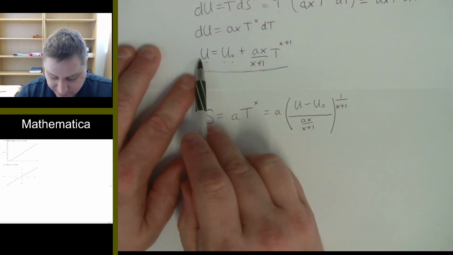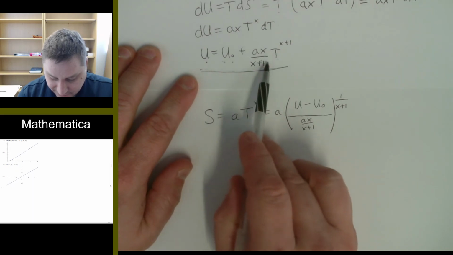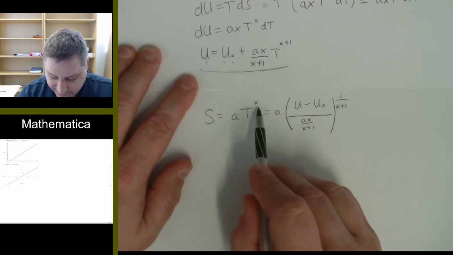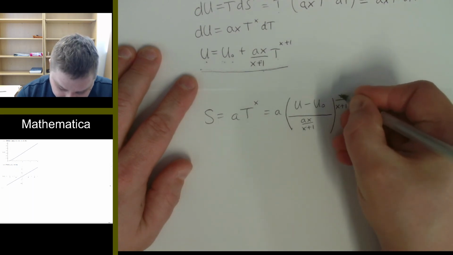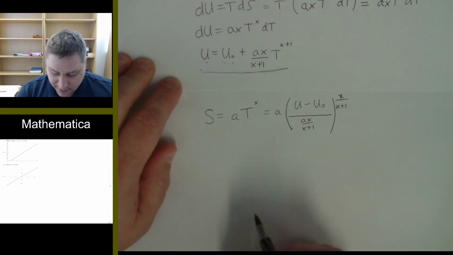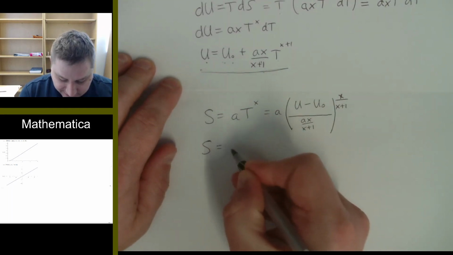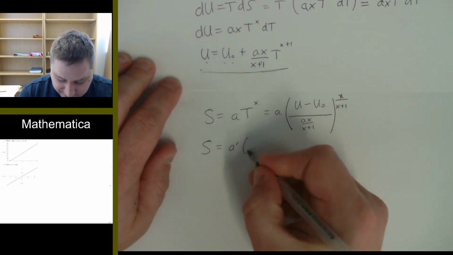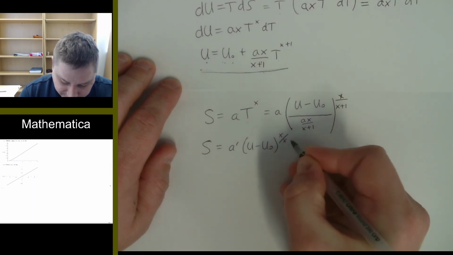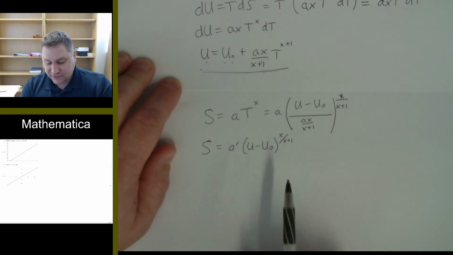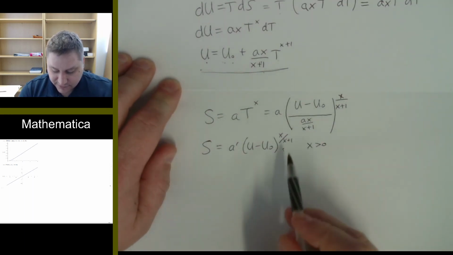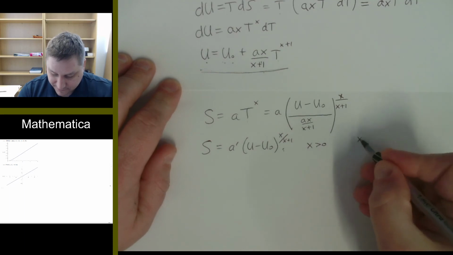We subtract U0, divide by this stuff, take it to the 1 over x plus 1 power on both sides, and then the x here comes into the numerator, so like that. All right? So basically then S is equal to just some different constant times U minus U0 to the x over x plus 1. Now that's an interesting power dependence because x is greater than 0, so this is positive, right?